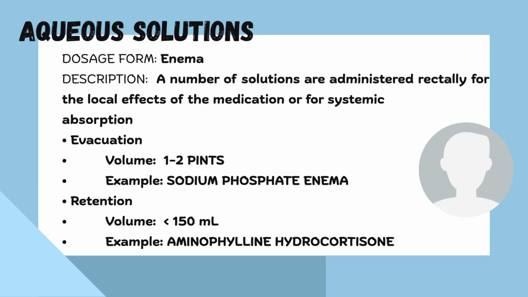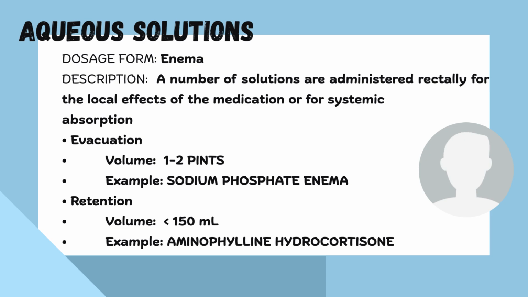It can be for evacuation or for retention. The rectal route is often used when the patient cannot take medicines orally or a local action like bowel cleansing is desired.